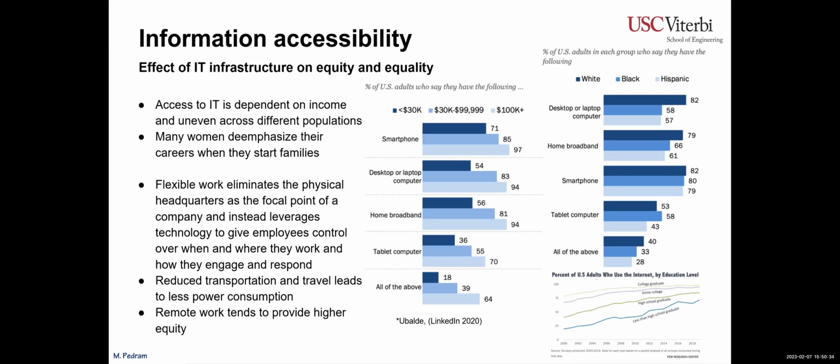Usually, people who have higher income, white, male, have better access to these resources, and these resources give you knowledge, power, and agility to respond. So it's very important to make sure that there is accessibility and equity in distribution of these resources and capabilities across the society for it to prosper.